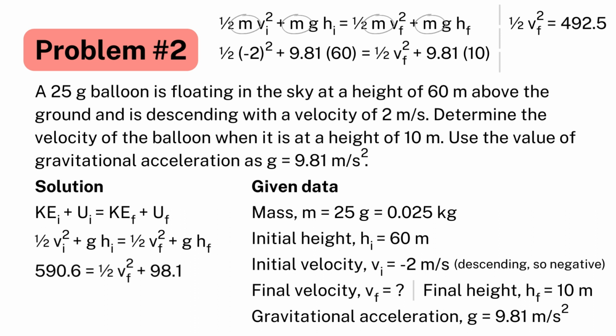Move half on the right side, so v final square is equal to 985. And finally, we get the value of v final as 31.38 meter per second. Hence, the velocity of the balloon when it is at a height of 10 meter is approximately 31.38 meter per second.